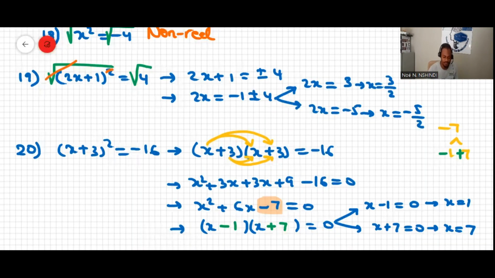Hold on a second. Negative 16 moved over is not negative 16. This will be positive 16. My apologies. And then this will be positive 25.